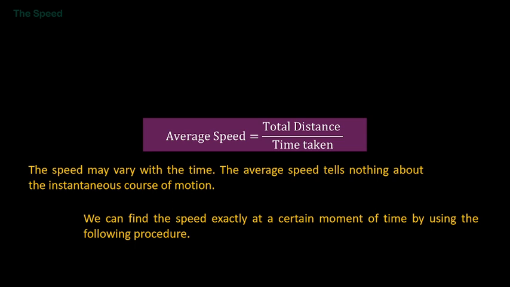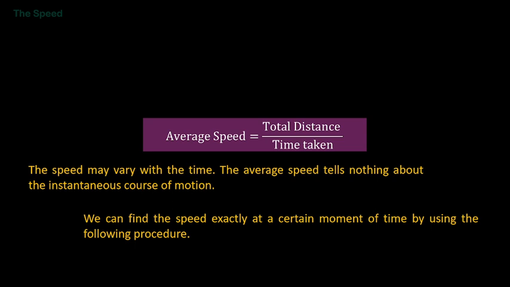Consider a simple phenomenon of free fall. If an object falls, it falls with increasing speed because of the gravitational pull. So if it falls a certain distance, and if I ask what is the speed with which the object is falling, the question is not appropriate. The question is not fully correct because an object is not falling with the same or unique speed, but it is falling with increasing speed.